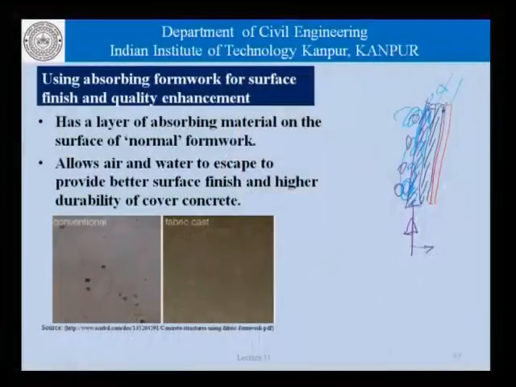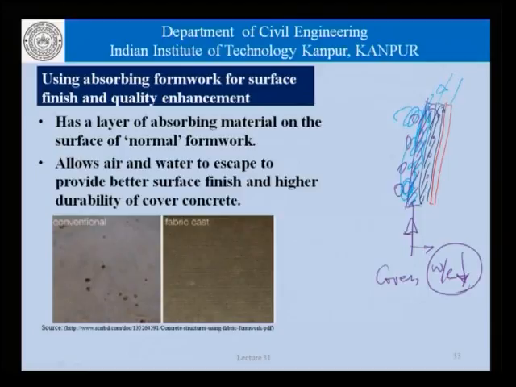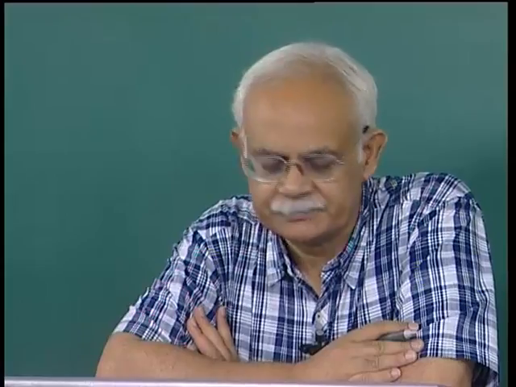Water from this region is absorbed by this formwork, and therefore, we get a cover concrete which has a water cement ratio which is lower than the water cement ratio in the main body concrete, and that enhances the durability of the structure which is made with this kind of absorbing formwork.